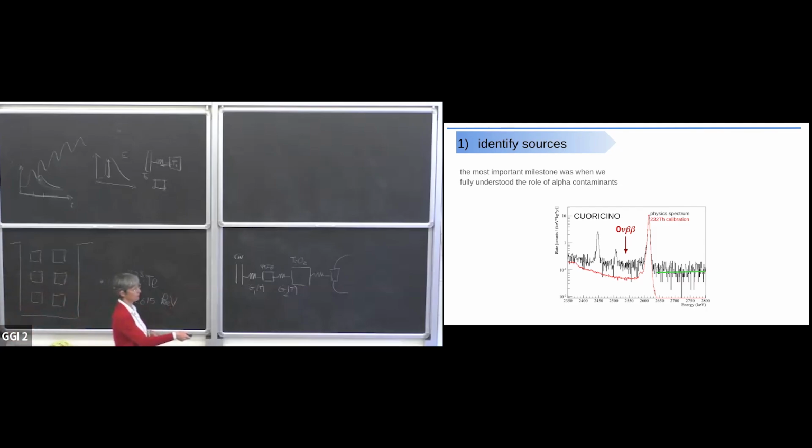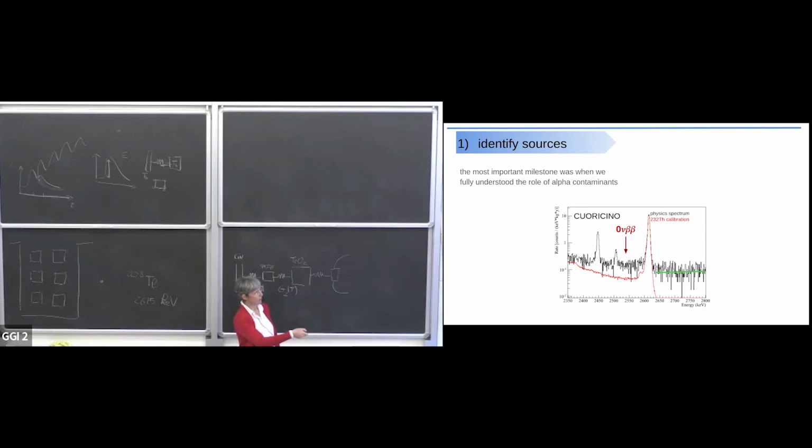So you see that both in the data, that is the black spectrum, this is the spectrum that we use to decide if neutrinoless double beta decay exists. If it does exist, we should see a peak over here.